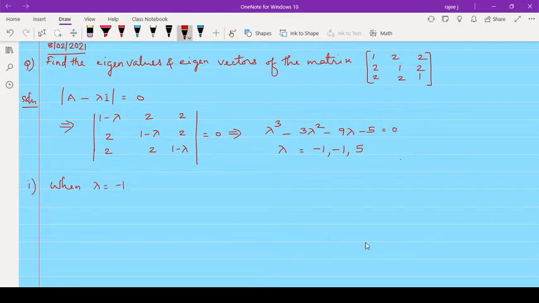So when lambda equal to minus 1, let (A minus lambda I) x equal to 0 be the corresponding system for the eigenvector.